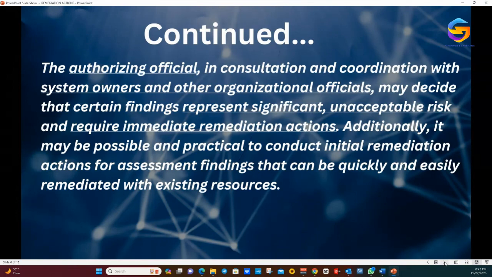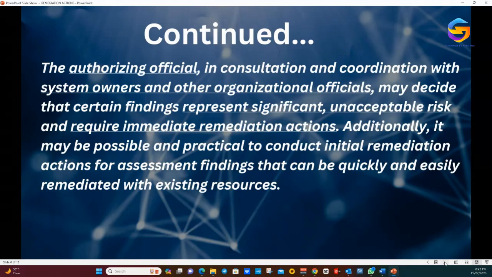If it is found that some of the controls fail or do not meet the requirements, and it is considered a high risk to the system, the authorizing official will require that the security control or the vulnerability detected in the information system be fixed immediately. So that's what it means.